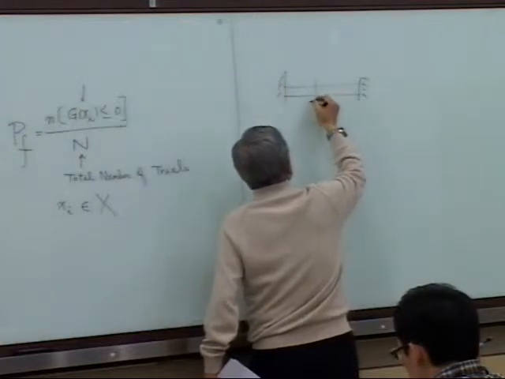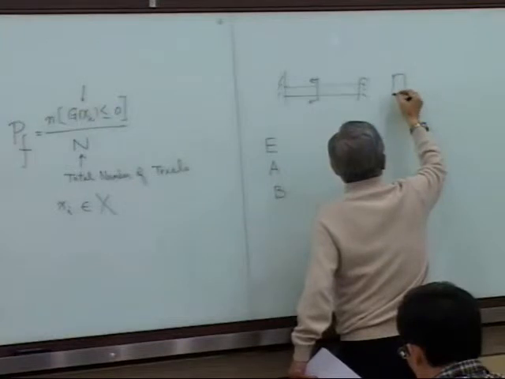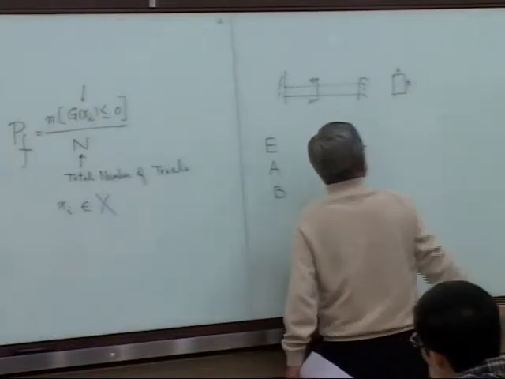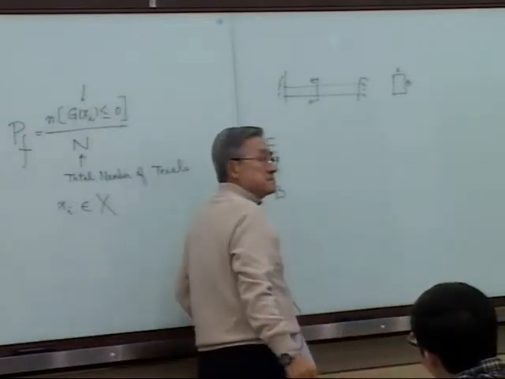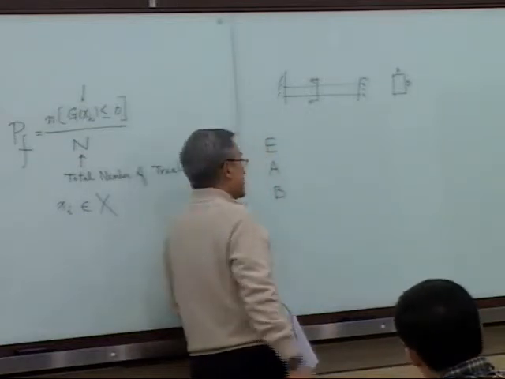We have a similar problem. So you could have a beam. This could be, for example, E, A, B. Three random variables, let's say.